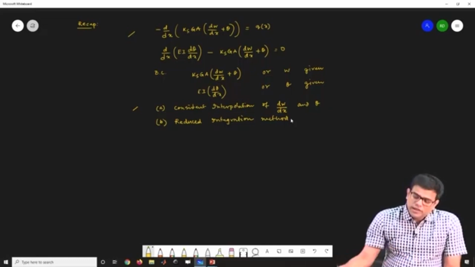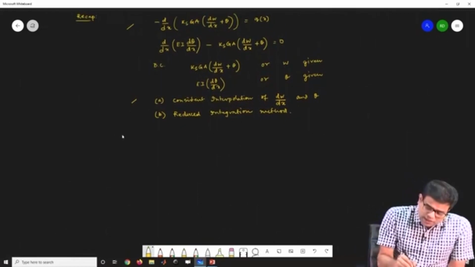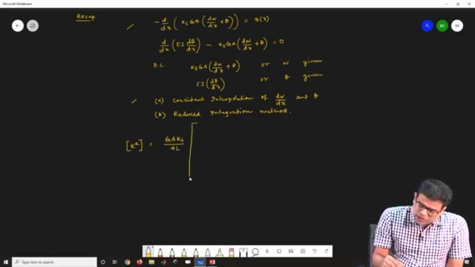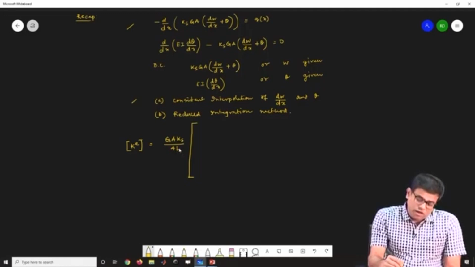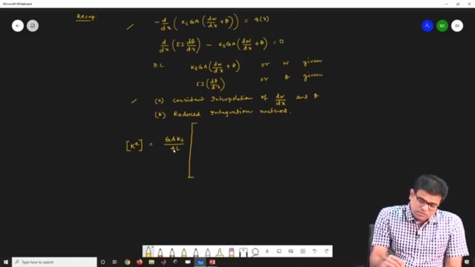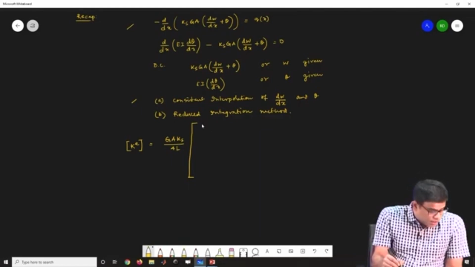Now, in doing this, we also derived the stiffness matrix, which is essentially the stiffness matrix of a Timoshenko beam, something like this: G A Ks by 4L. Here I have just taken 4L outside so that I can write it properly.